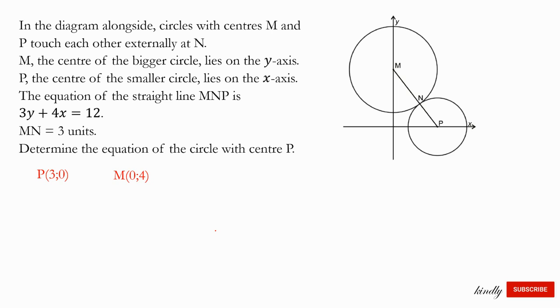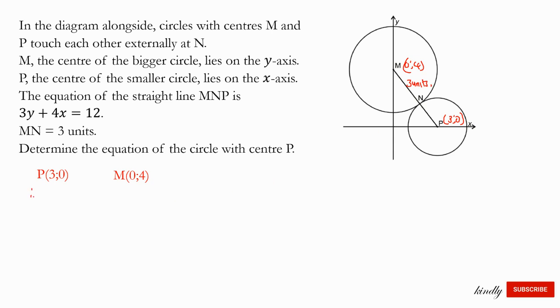We have the coordinates of P, which is (3, 0), and then here (0, 4). So let's find the length. This one is 3 units. Right, let's find the length. How do you find the length?